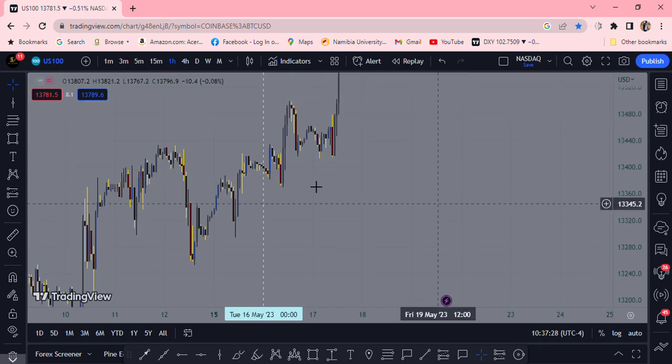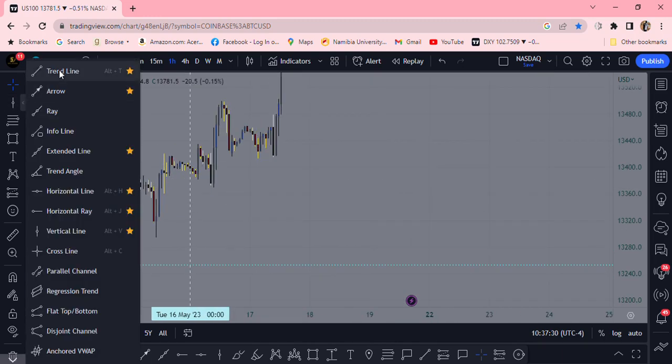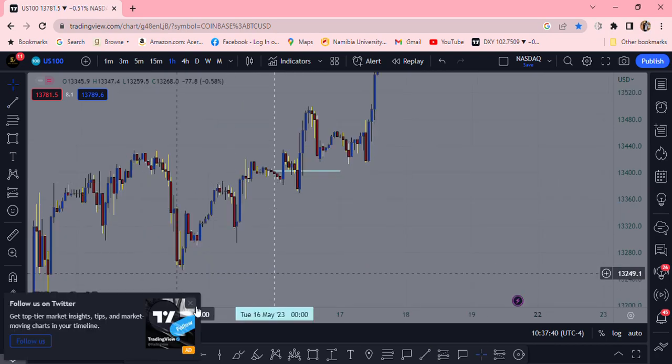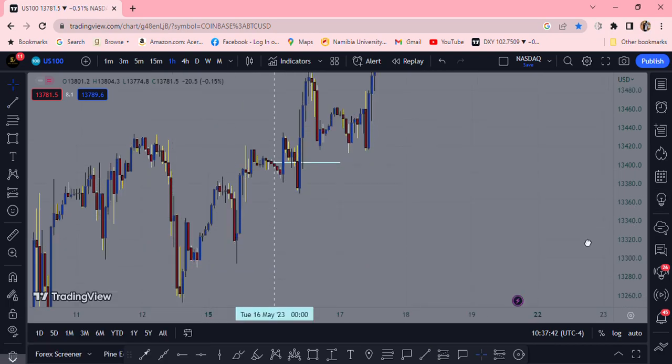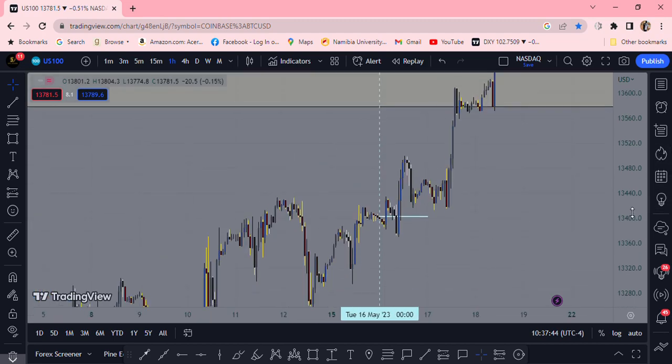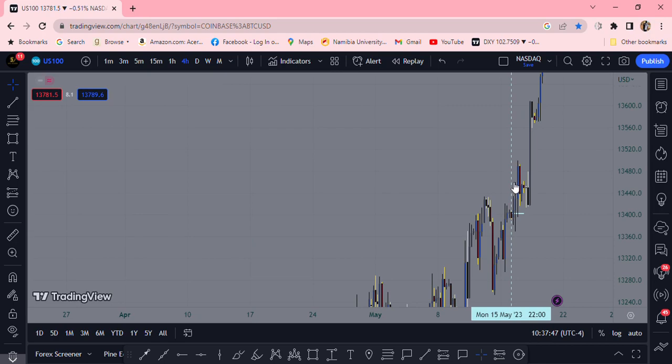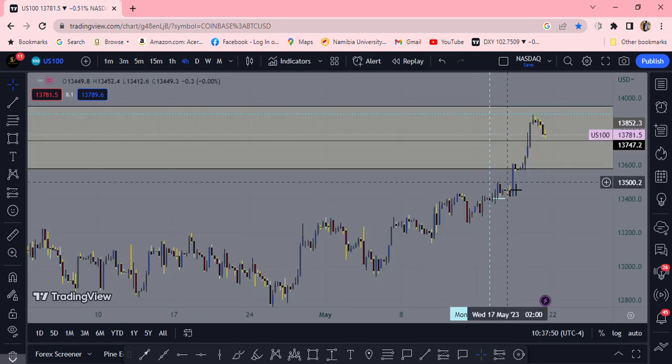What I like to do on Tuesday is mark my midnight opening. I'm going to the 4 hour. I trade using the 4 hour or the 1 hour.